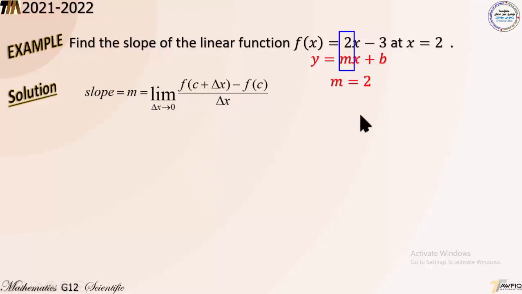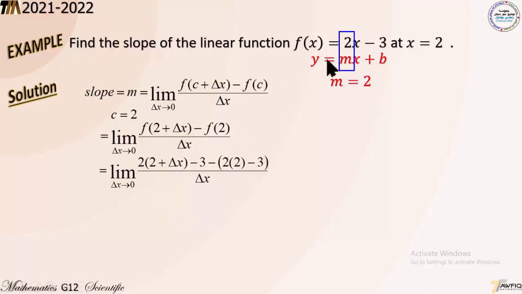And now, because we have x equal to 2, that means c is 2. And now replace 2 in place of c. It becomes the limit as delta x approaches 0 of f of 2 plus delta x minus f of 2 over delta x. And now replace 2 plus delta x in place of x in the equation of the function.